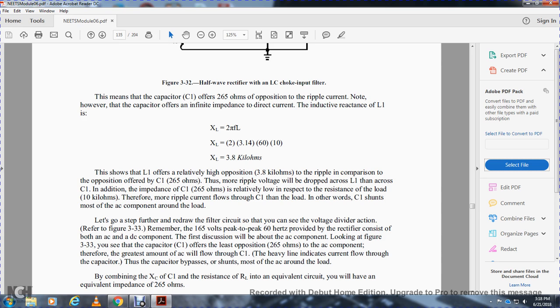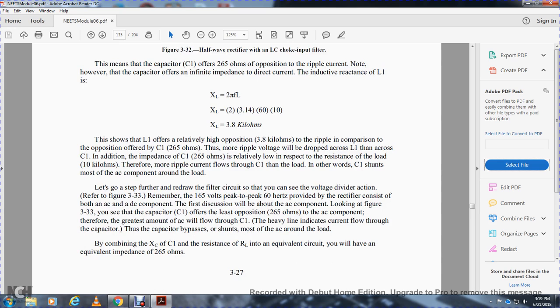In addition, the impedance of the capacitor, 265 ohms, is relatively low with respect to the load resistance of 10 kilohms. Therefore, most ripple current flows through capacitor C1 rather than the load, and the capacitor shunts most of the AC component around the load.